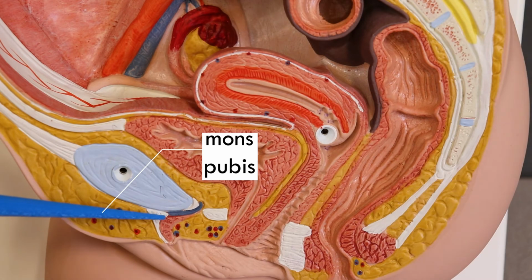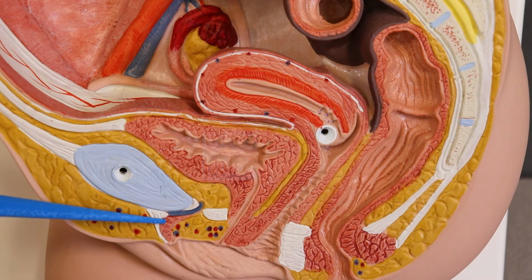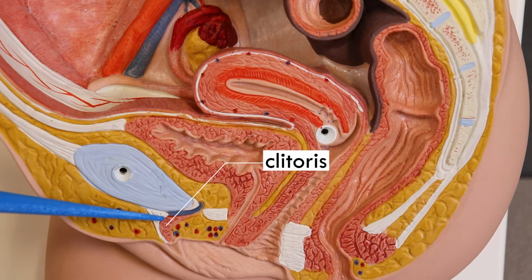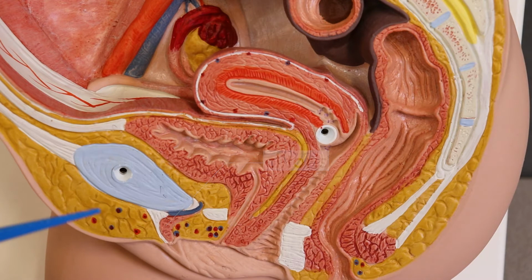And this, which may be kind of difficult to see, is the clitoris or clitoris. Either pronunciation is correct. And it is analogous to that erectile tissue that we found in the male penis as well. It's very vascular tissue that becomes more vascularized during sexual arousal.